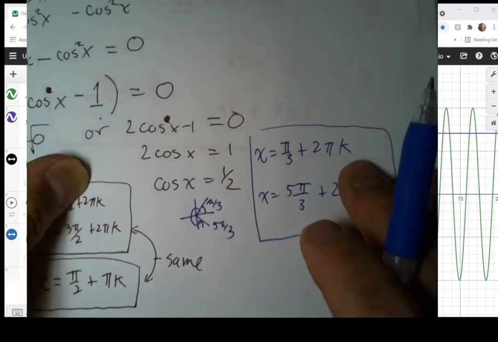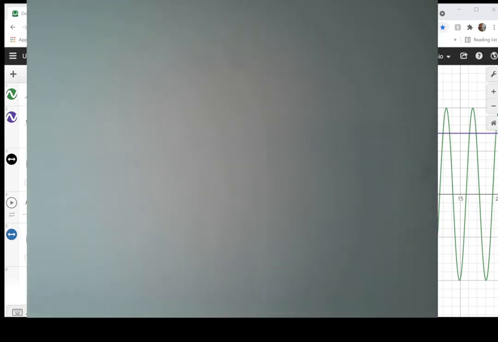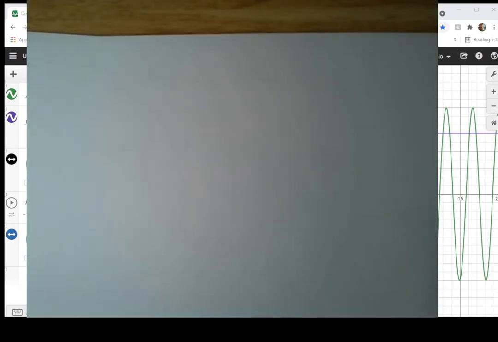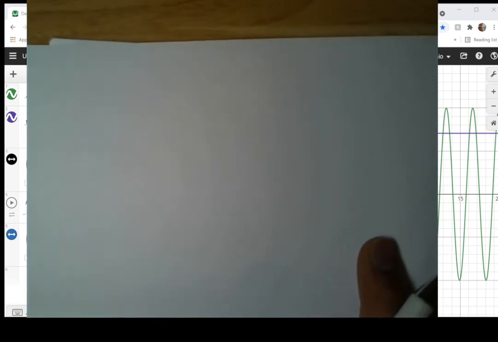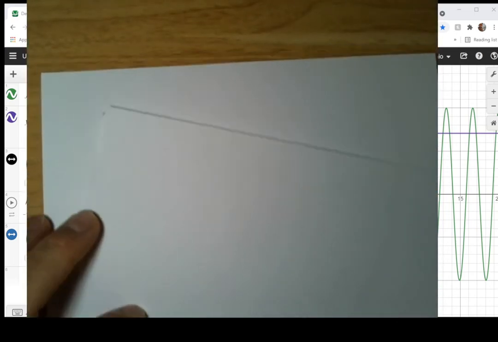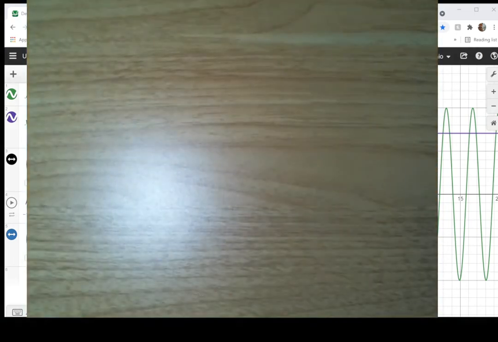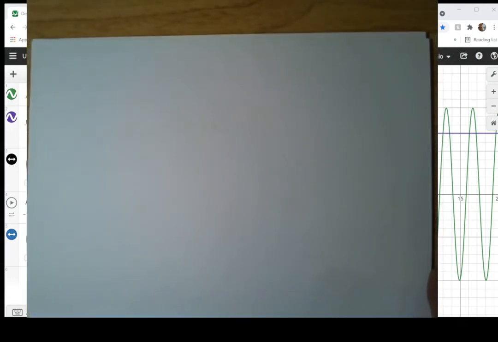Okay, so the next example we're going to look at is, what happens when I have a mix of different trig functions? Let's say now I'm going to switch up the type of solutions I'm looking for. I'm not going to find all of them, but I'm going to give you an interval where I do want to find a solution.